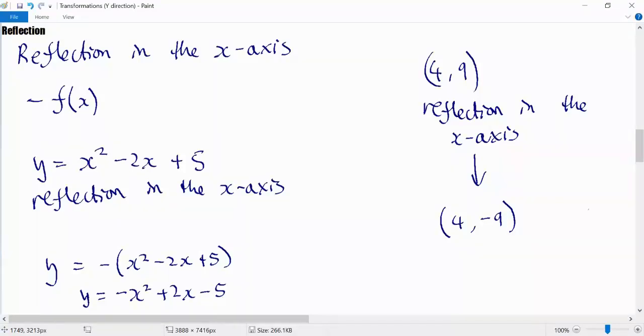Okay, those are the 3 types of y-direction transformations that you need to know. They can all be spotted because you're doing something to the function as a whole. Now, as I said, technically with adding, that doesn't really show because you are only affecting the constant as a result, but that's just due to how adding works with brackets.